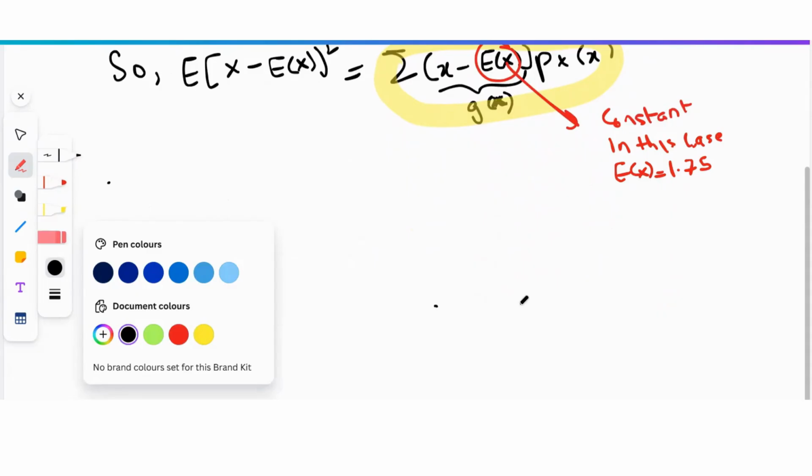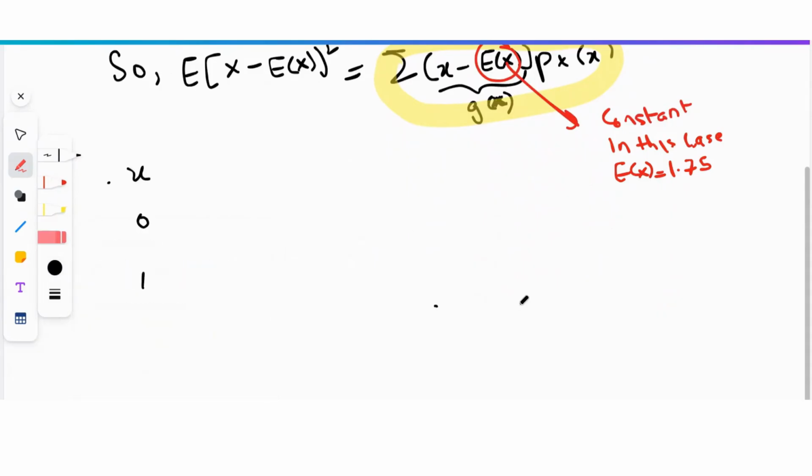We know X takes values 0, 1, 2, and 3, and the probability of X is given to us as 1/8, 3/8, 3/8, 1/8. And then we have X minus expected value of X.